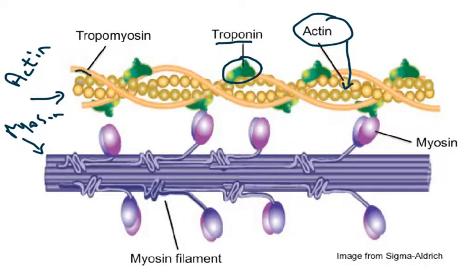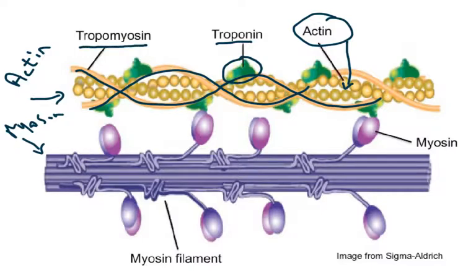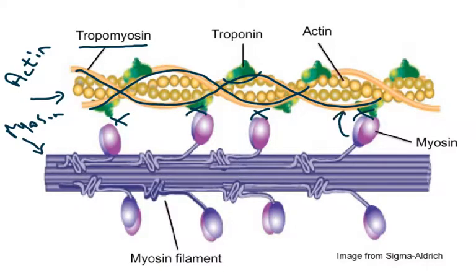And then you have the fiber that crosses or weaves over and around the actin itself, called tropomyosin. And so what the tropomyosin does is it blocks the myosin heads from binding to the actin.